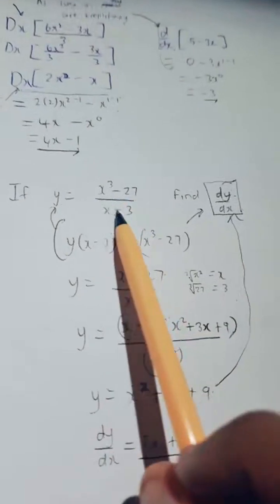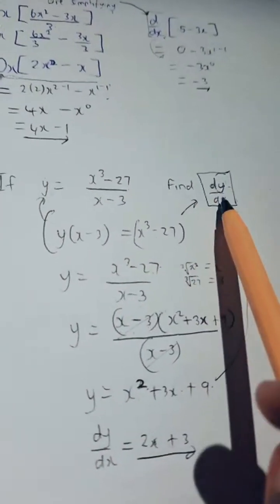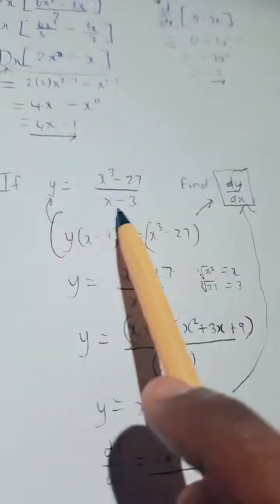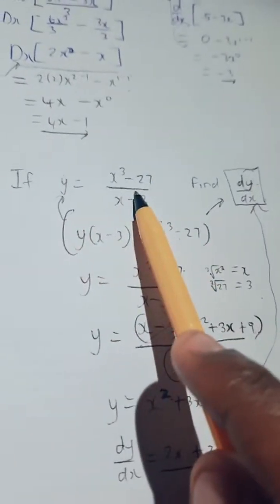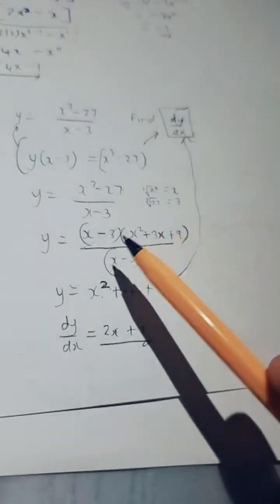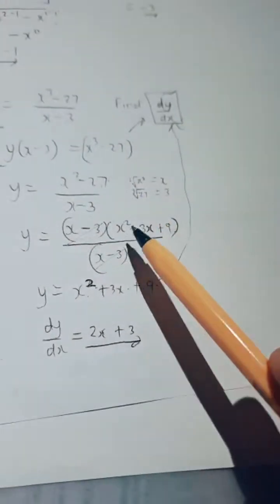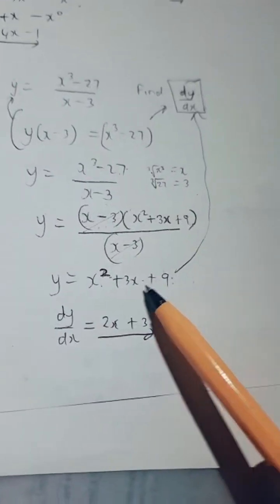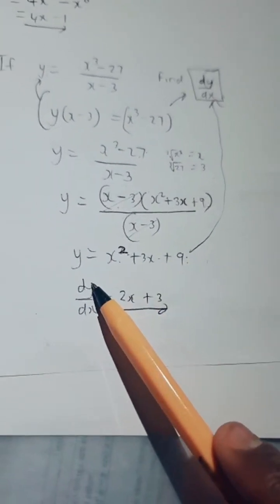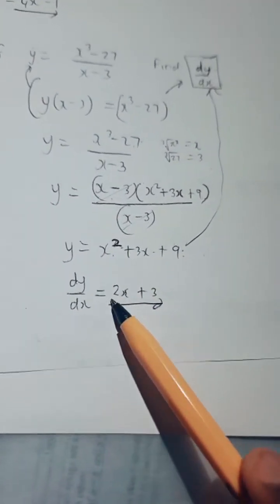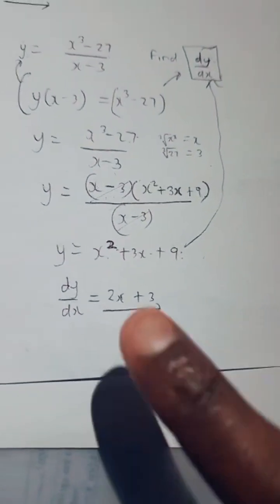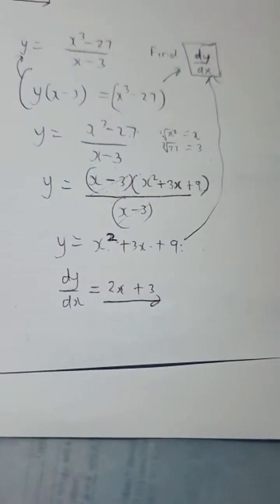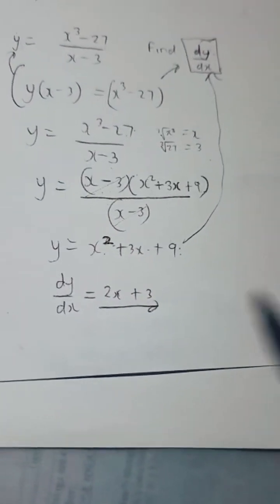But remember, for this one, I said, for dy over dx, you are given an equation. You have to ensure that you simplify it first by factorizing, as you can see here, and then cancellation, so that you can derive by introducing dy over dx, and then you derive each individual term so that you can get 2x plus 3, as you see me did here.